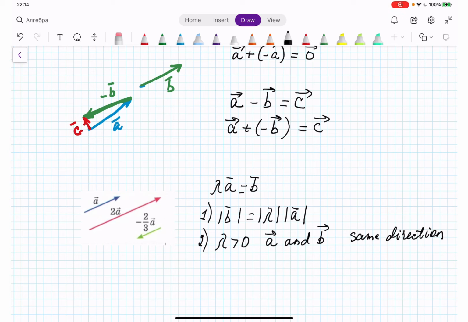Okay, if lambda is less than 0, then A and B have opposite direction. Okay?